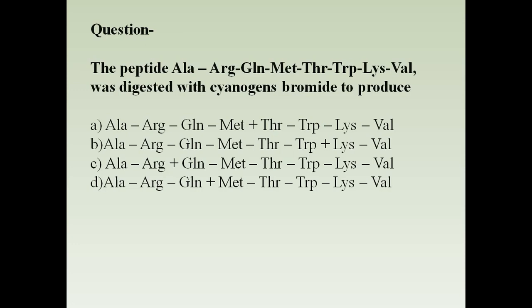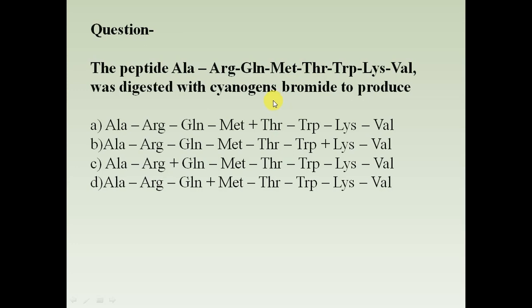So the C side of methionine is this. Cyanogen bromide will cleave this side, so you will get two sequences. One is alanine, arginine, glycine and methionine, and the other is threonine, tryptophan, lysine and valine, and you can see the correct option there.